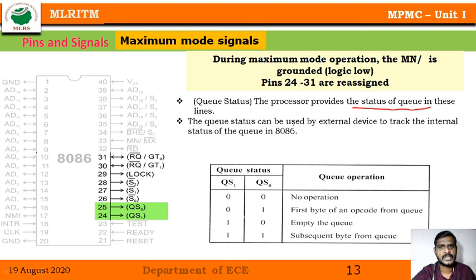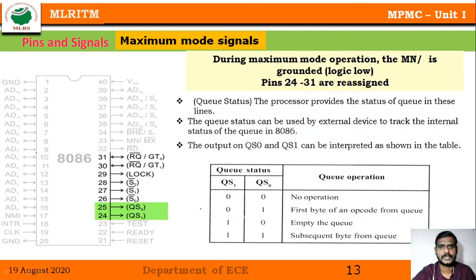The queue status can be used by an external device to track the internal status of the queue, because we know that the 8086 has a 6 byte queue. So when no operation is being performed by the queue, the first byte of opcode is in the queue, the queue is empty, and the subsequent data is transmitted. That is about the queue status given by pins 25 and 26.